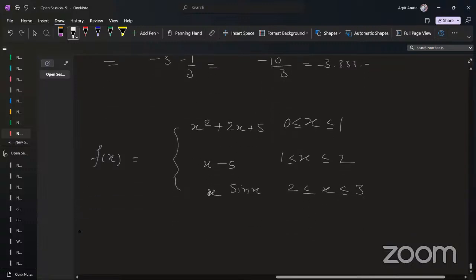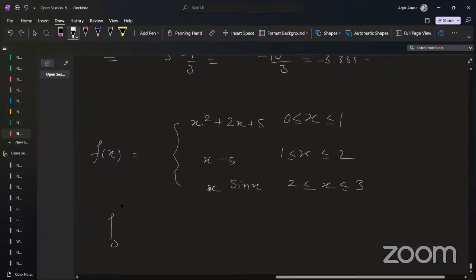And now you have to integrate this f(x) from 0 to 3 dx. How will you calculate?